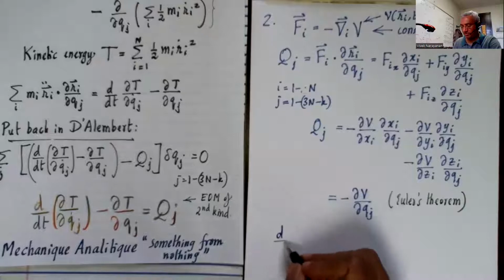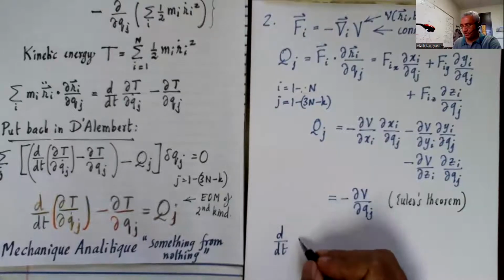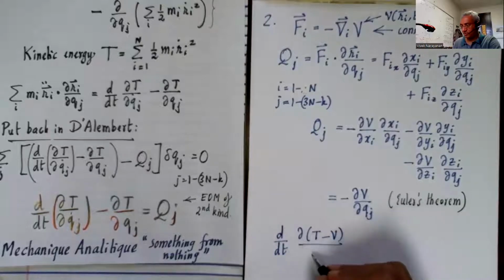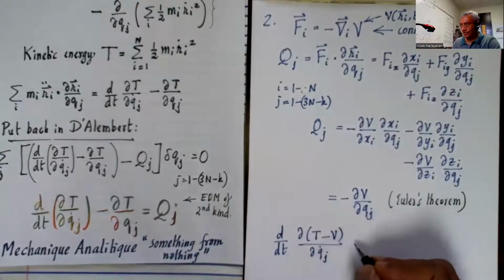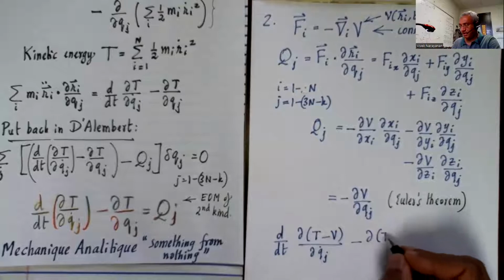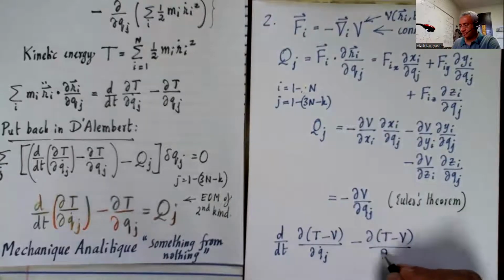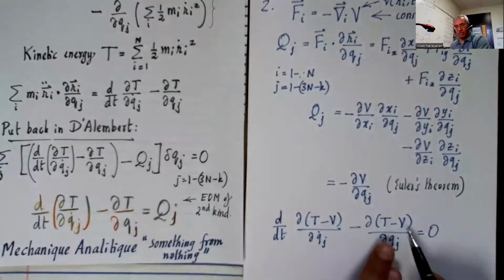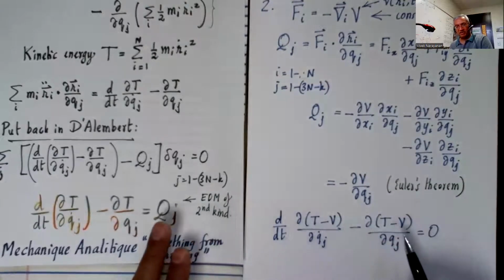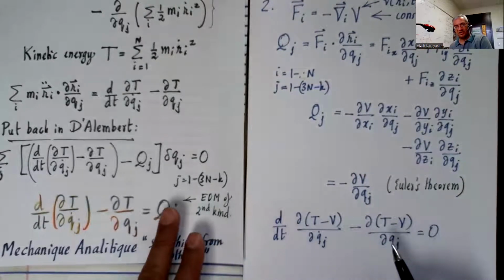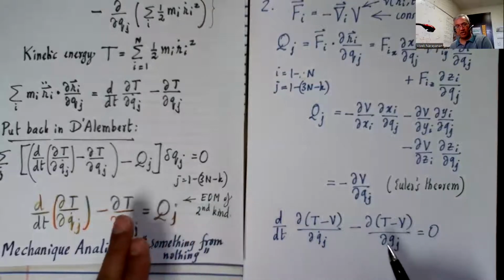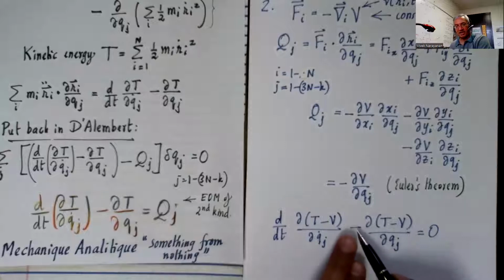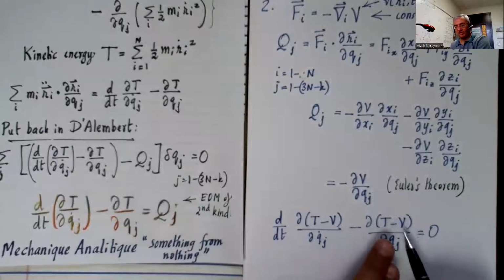I'm going to write it as d by dt, observe what I'm doing, del of T minus V over del qj dot, minus del of T minus V over del qj equals 0. What I've done is I've taken the negative del V by del qj on the right side and brought it to the left, where it becomes positive, and indeed negative of a negative is positive.